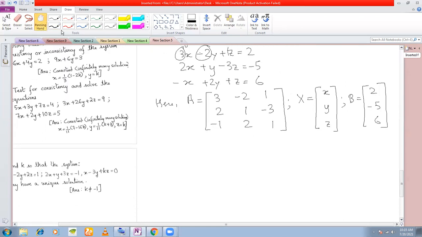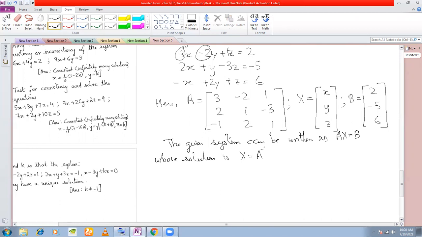So the given system can be written as AX is equal to B, whose solution is X is equal to A inverse B. Now A inverse we have already found out, just put the values here. X is the XYZ column matrix.